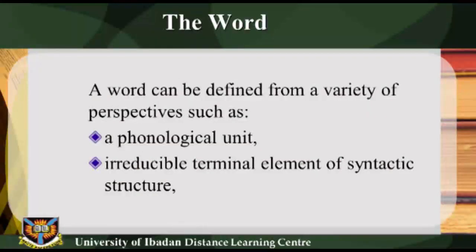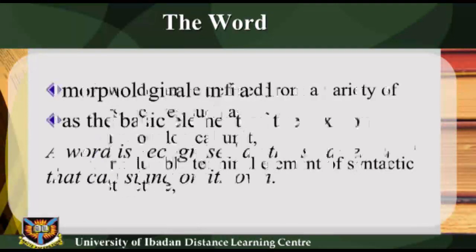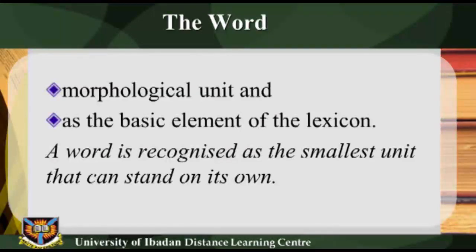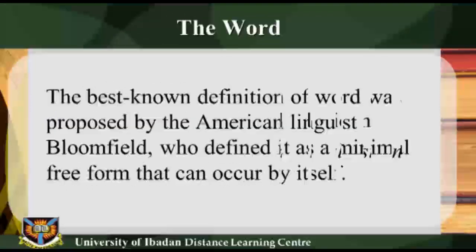A word can be defined from a variety of perspectives: as a phonological unit, as an irreducible terminal element of syntactic structure, morphological unit, and as the basic element of the lexicon. A word is recognized as the smallest unit that can stand on its own. The best known definition of word was proposed by the American linguist Bloomfield, who defined it as a minimal free form that can occur by itself.